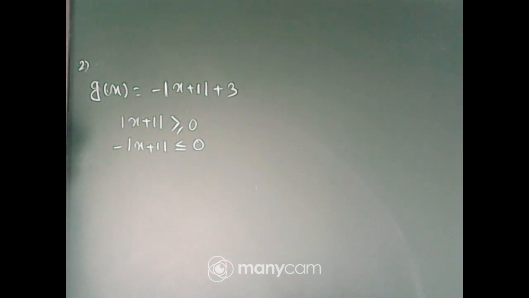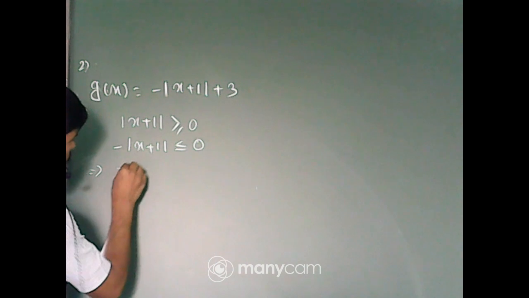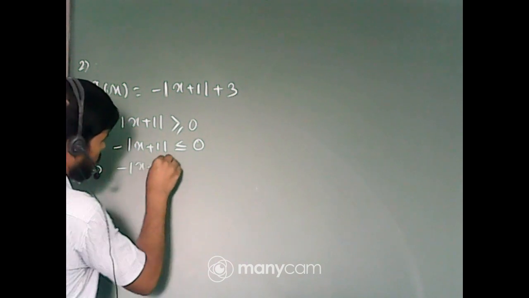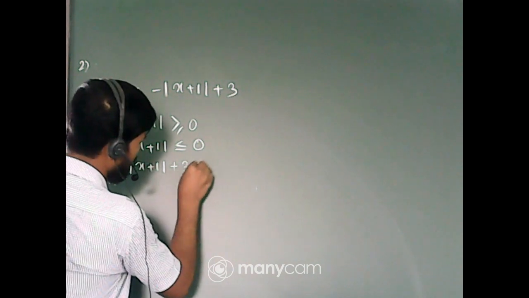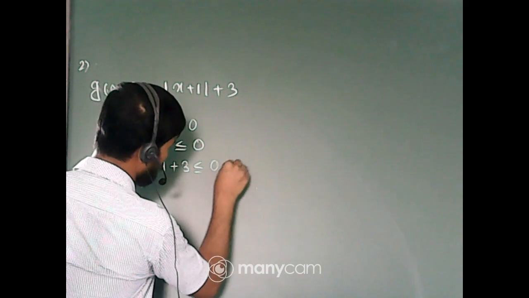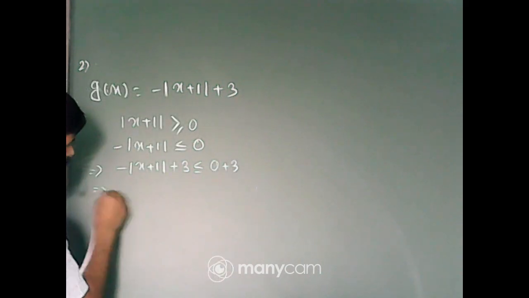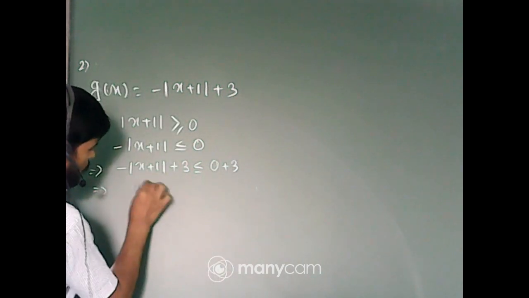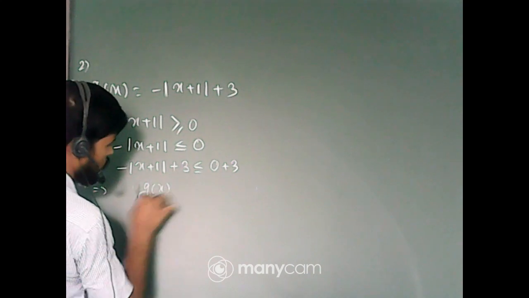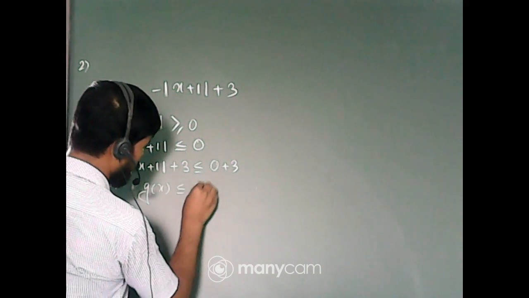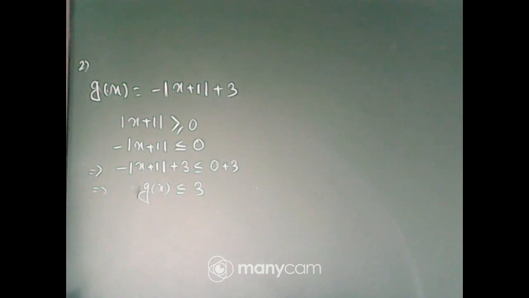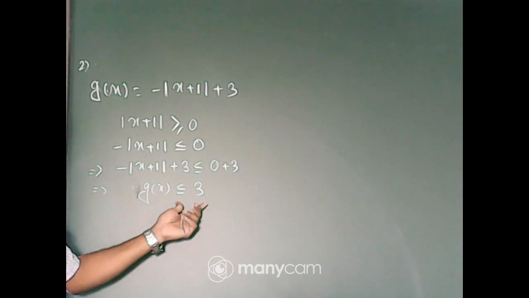So that implies minus mod of x plus 1 plus 3 is less than or equal to 0 plus 3, which means g of x is less than or equal to 3. So whatever the value I am putting for x, the value of the function is always less than or equal to 3.